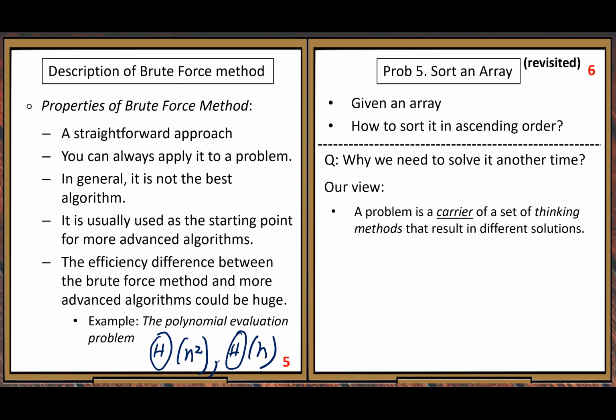So that's the reason we use this understanding. The goal is not just to find a solution. The goal is we want to have more thinking methods in our brain.